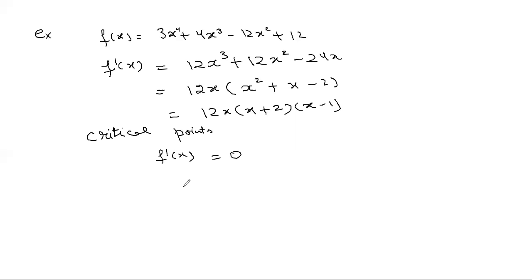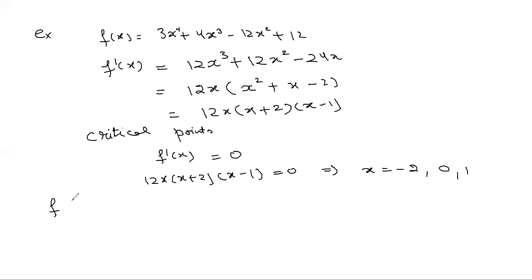The point where the first derivative is 0, that point is called a critical point. So equating 12x into (x plus 2)(x minus 1) equals 0, we get x equals minus 2, 0 and 1.